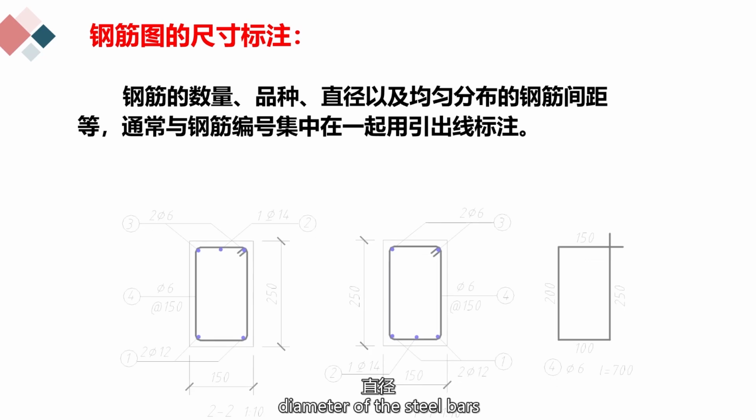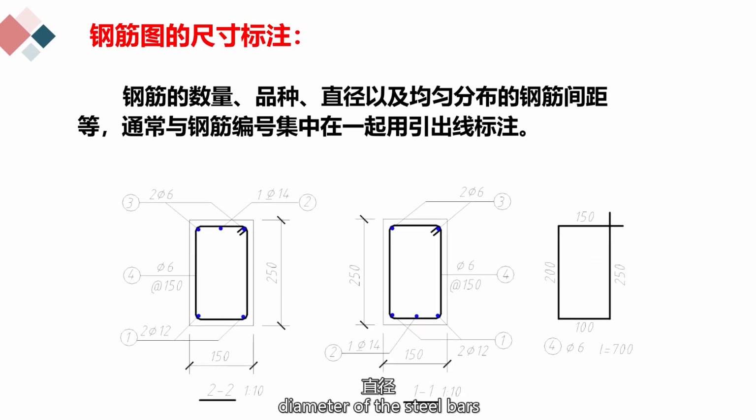The quantity, varieties, and diameter of the steel bars, as well as the evenly distributed spacing between the reinforcing bars, etc., are usually grouped together with the steel bar numbers and marked with leader lines.